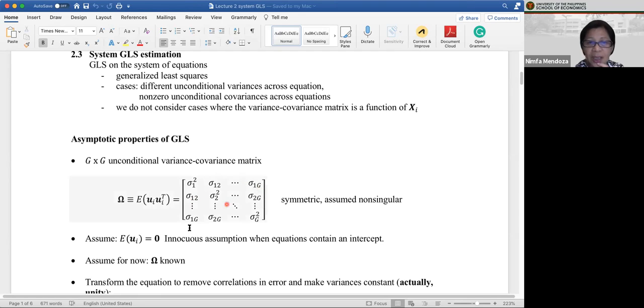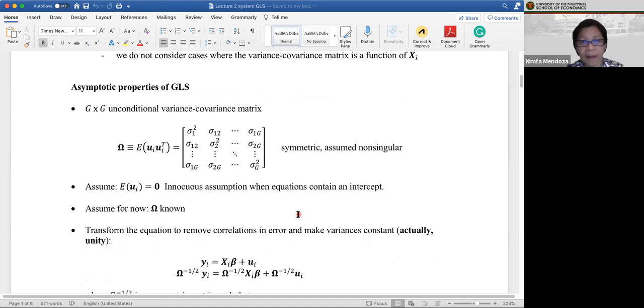Sigma sub 1G would be equal to sigma sub G1, so I denoted this entry as sigma sub 1G. So note this first column is just the first row. The second column is just the second row also. And the last row is the same as the last column. We also assume that this matrix omega is non-singular, therefore its inverse exists.